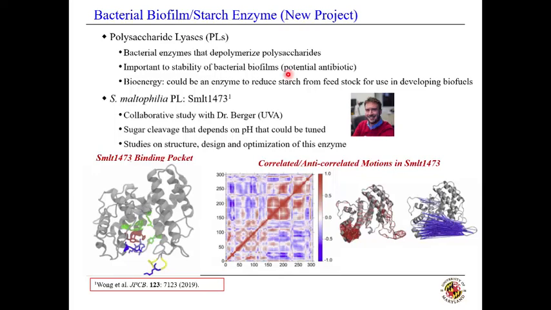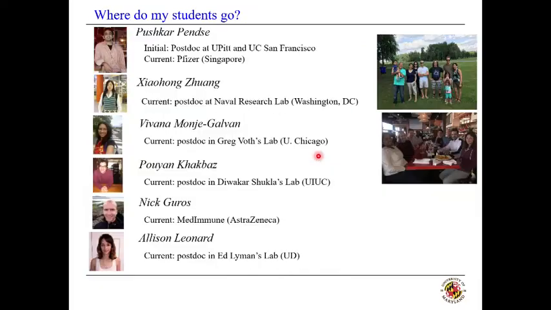Because I'm an engineer, we're also thinking about ways to develop a better enzyme to convert starch from feedstock like corn to a biofuel or biochemical. We're trying to understand the mechanism of this protein that is very pH specific to sugar cleavage. Certain sugars cleave at different pHs, and so we're trying to understand that, again, through collaborations with Brian Berger's lab.